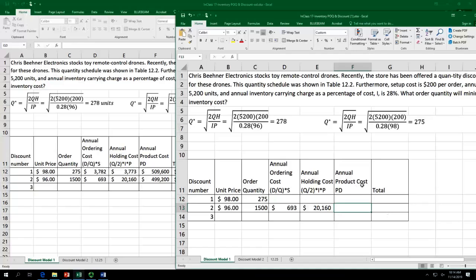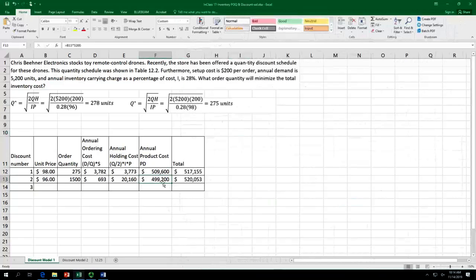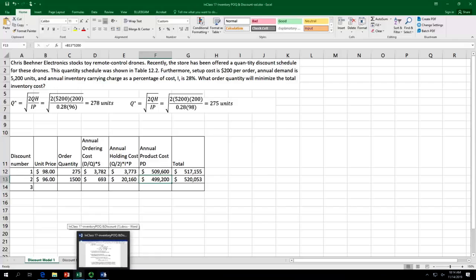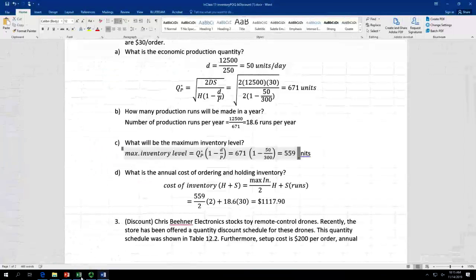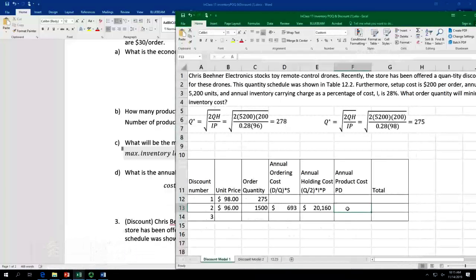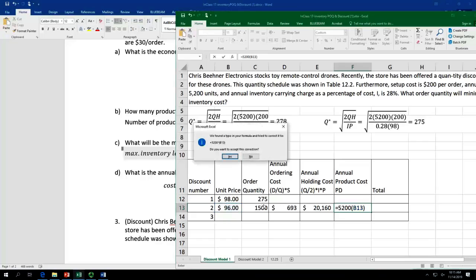And what is the product cost? The product cost equals P, the P level, it is Q, this is yearly, and times, what is the unit price? That's not unit price. Oh, I forgot.